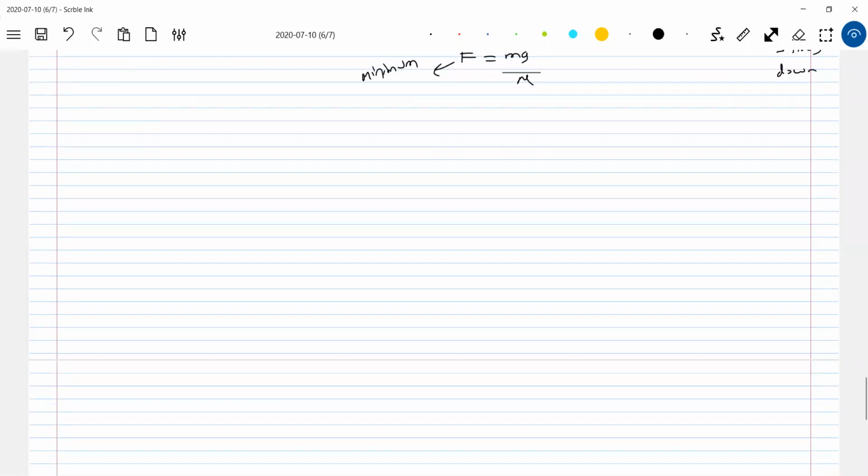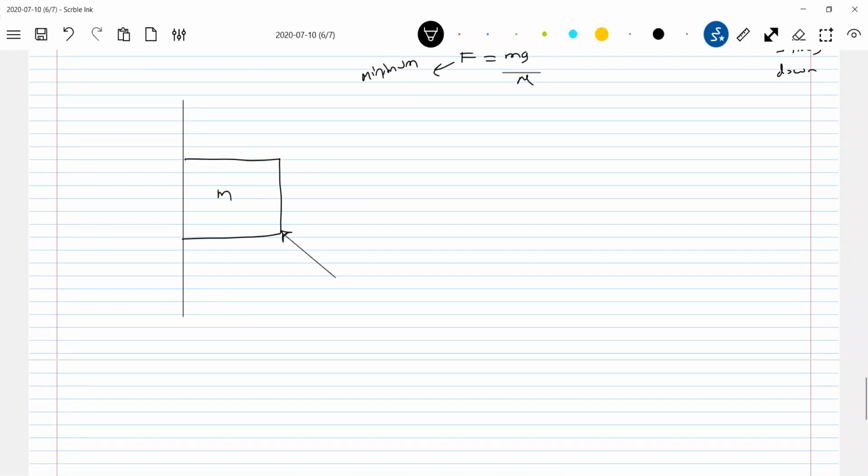Now, if I apply force at an angle, now what are the conditions for this?